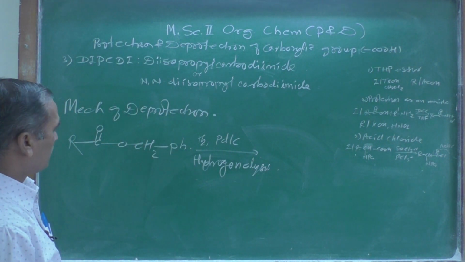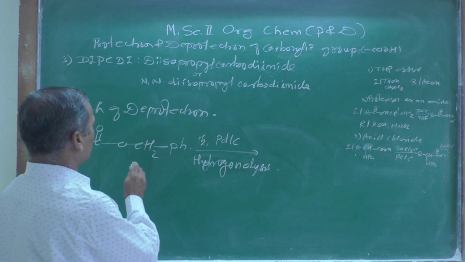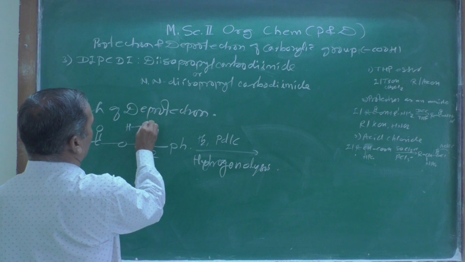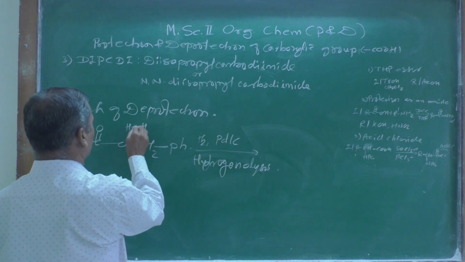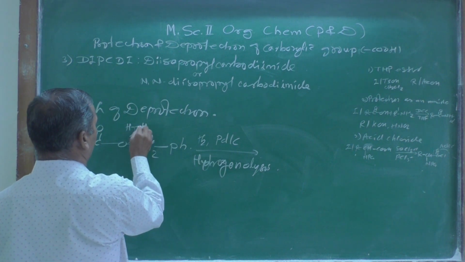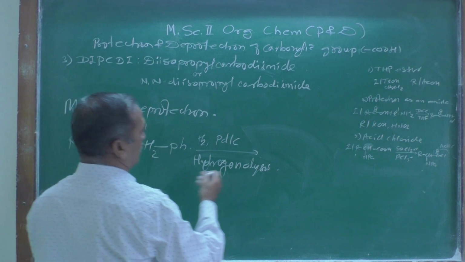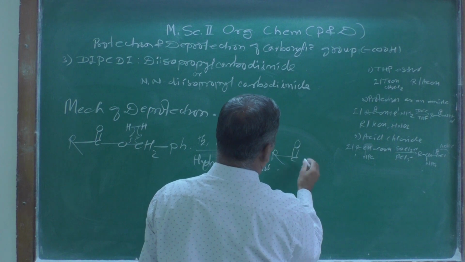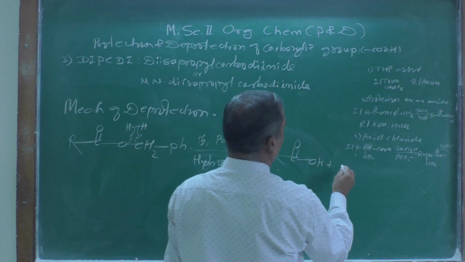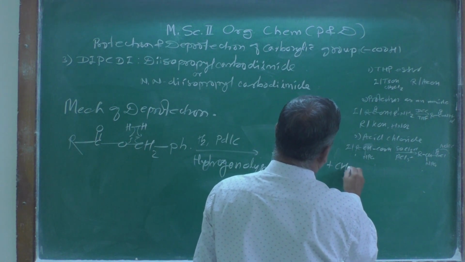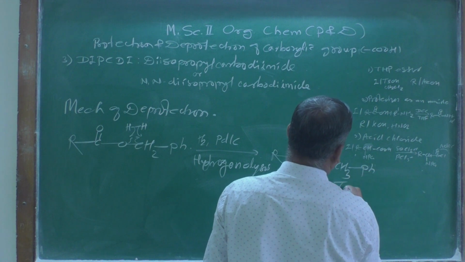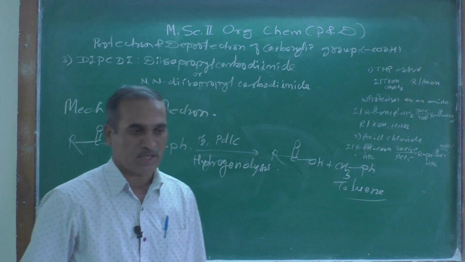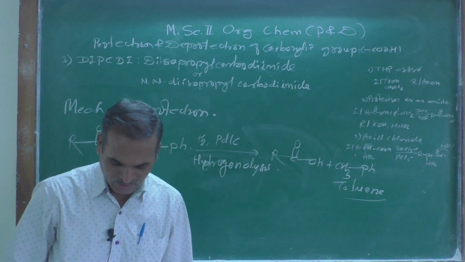After the hydrogenolysis, what is going to happen here? One hydrogen and another hydrogen get attached, one with the oxygen atom and one with this carbon, and the resulting compound we get is R C double bond O, OH, and CH3 pH. This is nothing but toluene, which we get here as a side product.